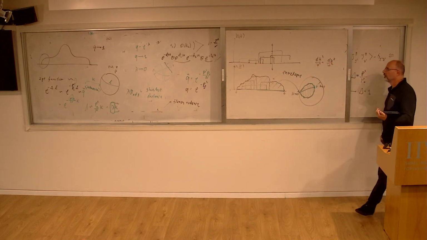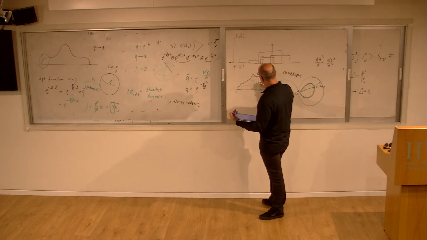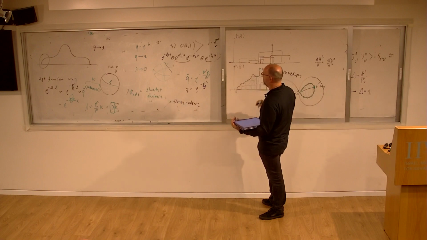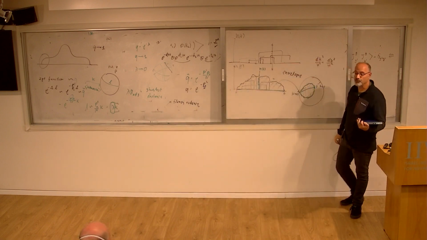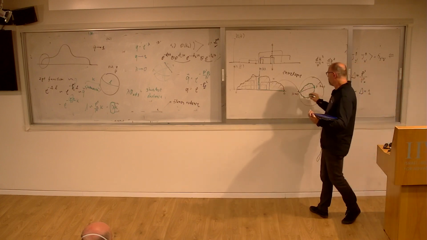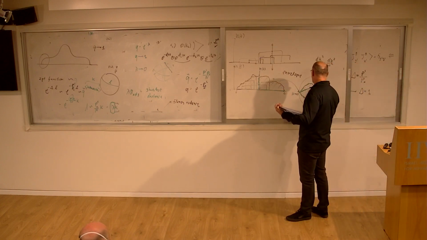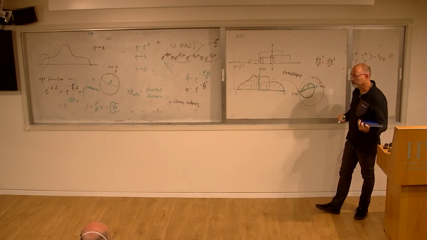The way that I can measure it is to ask what's the envelope here? Because this envelope is the number of chords that cross this line. It's going to correspond to the length of this object, and therefore I'm just going to have the length of this guy.